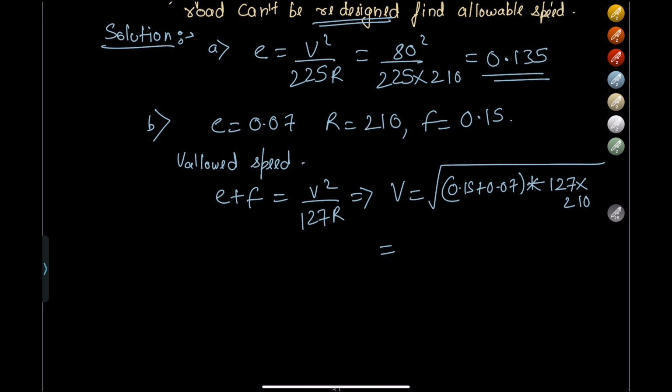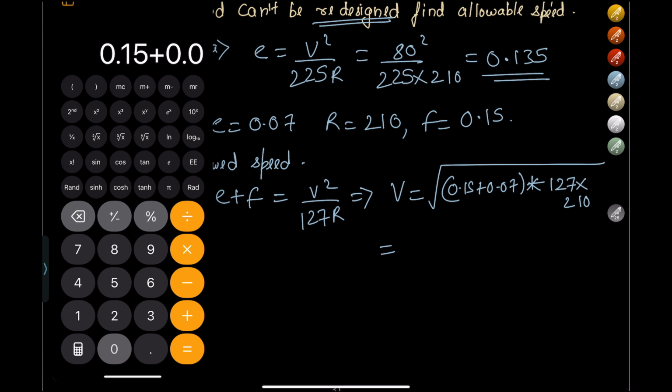So let's see what is the value. 0.15 plus 0.07 multiplied by 127 multiplied by 210 raised to the power 0.5. The allowable speed is coming out to be 76.59 kilometer per hour. So the allowable speed on the road is 76.59 kilometer per hour.